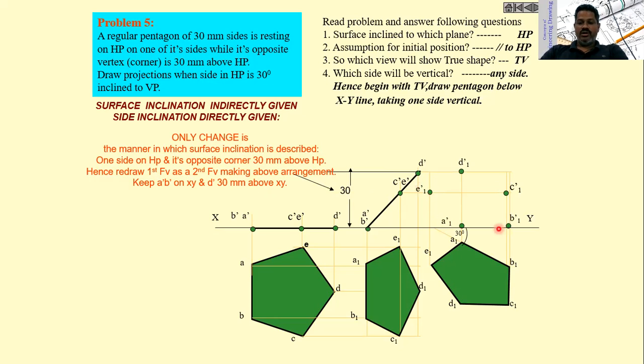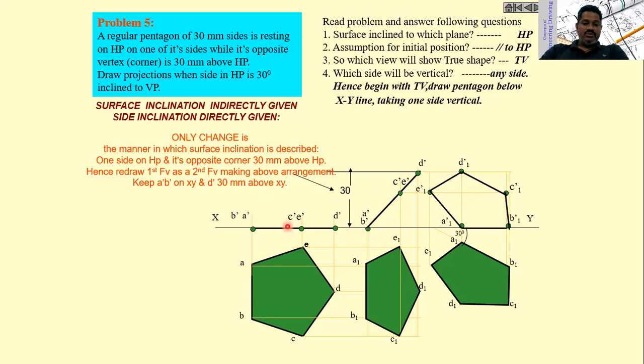Name all those points as A1 dash, B1 dash, C1 dash, D1 dash, E1 dash, and join all those points to get the front view when one edge of the pentagon is making an angle of 30 degrees with the vertical.